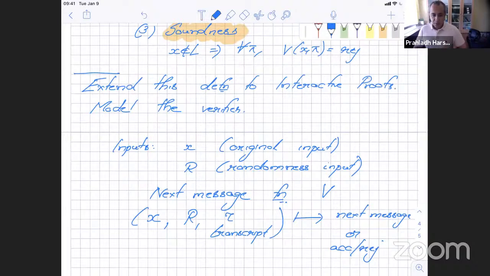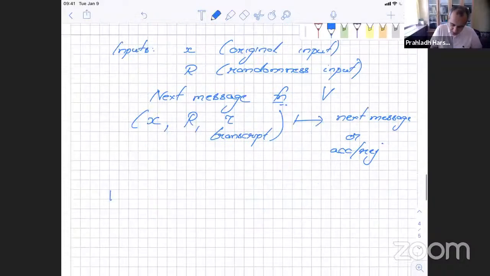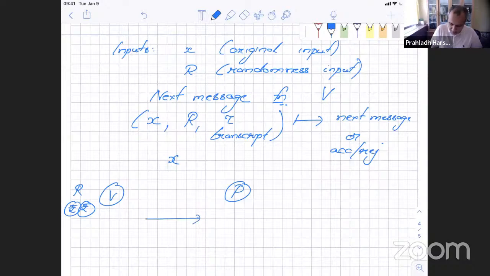So the way I'm going to view this is there's a verifier and a prover, and they have a common input X. The verifier tosses random coins R, and based on this, he asks the first question, M1. M1 is V of X, R, and the empty transcript so far.